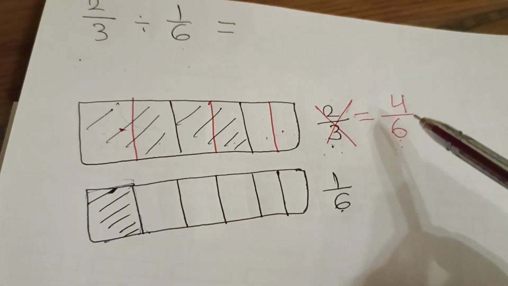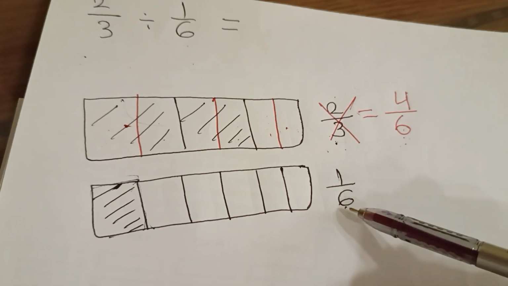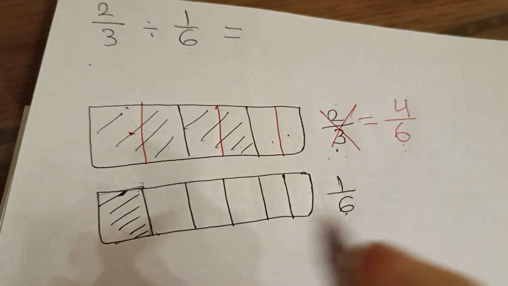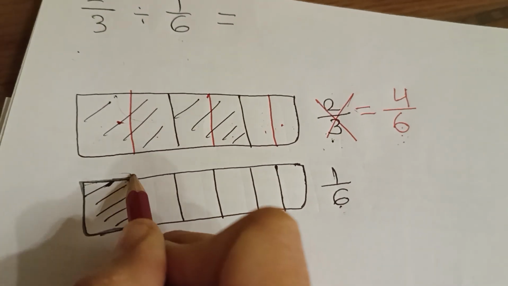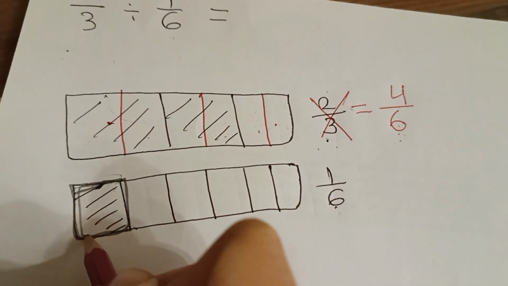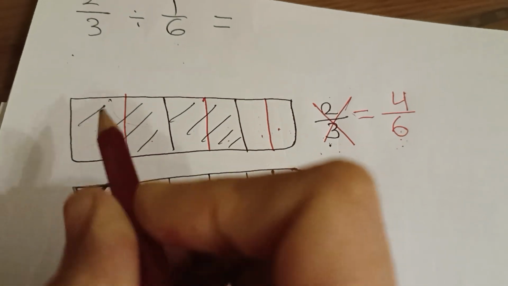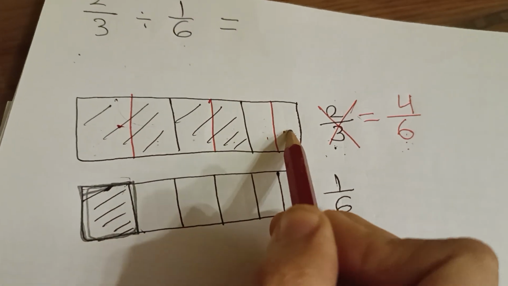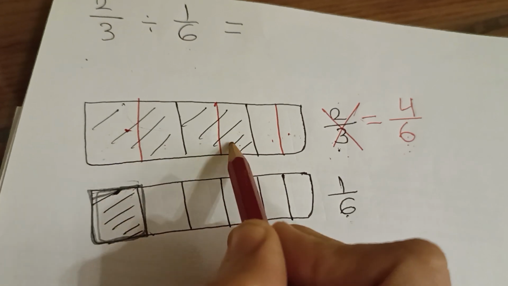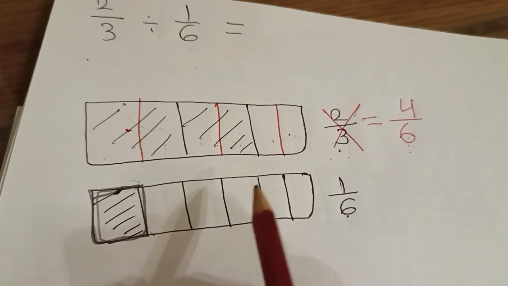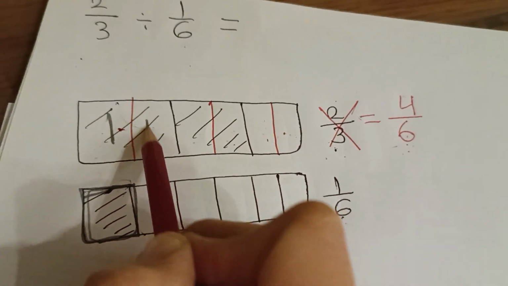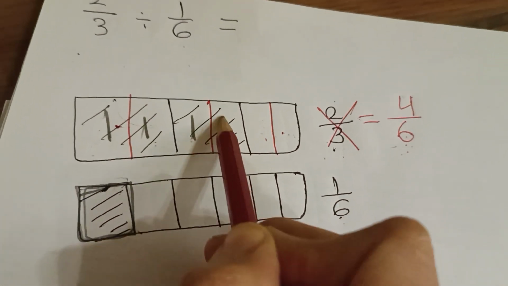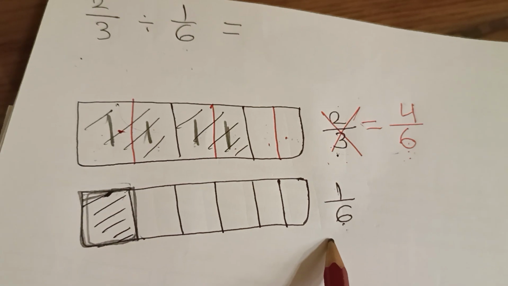To say 4 over 6 divided by 1 over 6 means how many parts like this, or of the size of 1 over 6, how many groups of 1/6s are there in these 4 over 6. 4 over 6 means I have 1, 2, 3, 4 1/6s.